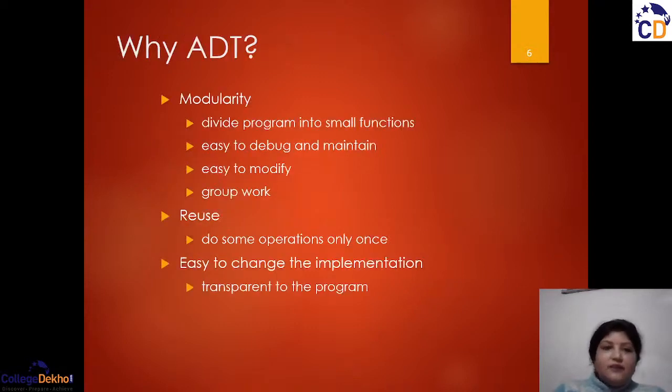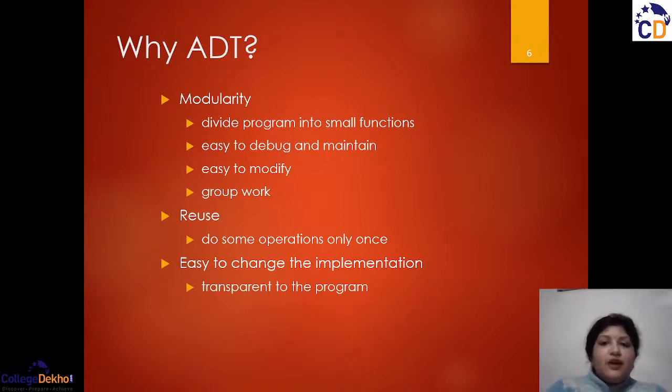Now let us see what the characteristics of ADT are. ADT stands for abstract data type. Modularity. What do you mean by modularity? Basically, we decompose the program into smaller programs. Suppose there is a big program that consists of 1,000 lines of code, 1,000 statements, consisting of different functions.